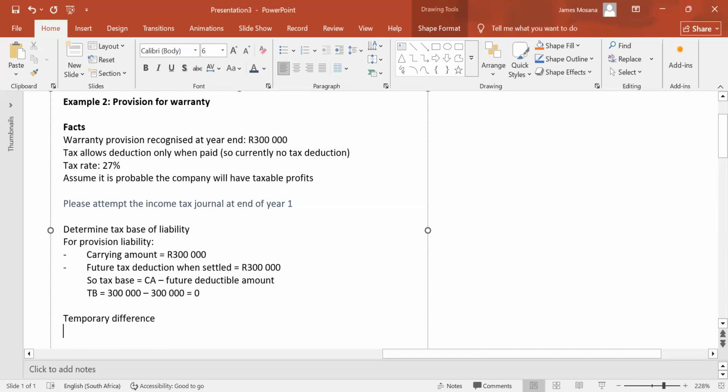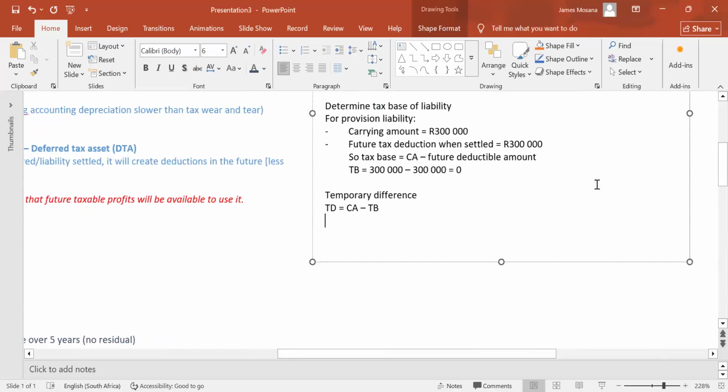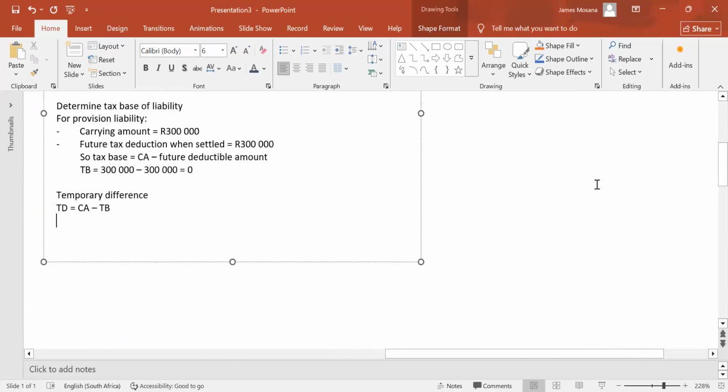As we mentioned previously, temporary difference is equal to carrying amount less our tax base. So in essence, we are going to take 300,000 minus 0, which is our tax base, giving us 300,000.